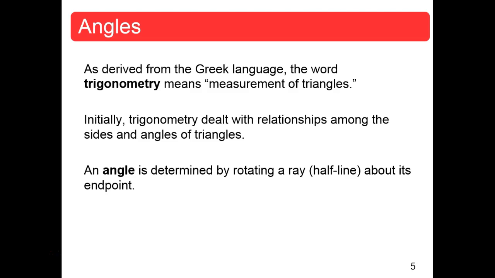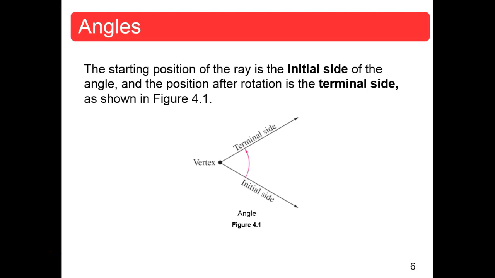Now, again, we're going to move off of this really soon, so don't sweat that too much. But the deal here, angles measure that rotation. Okay. So let's say the starting position of that ray, that half line, there's the vertex, that's the terminal end, goes infinitely in that direction. We call that the initial side.